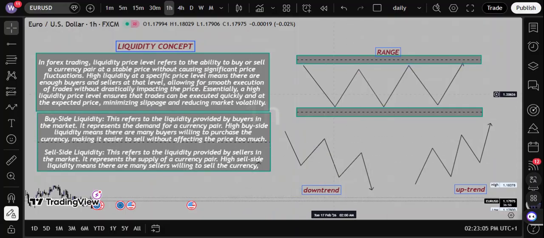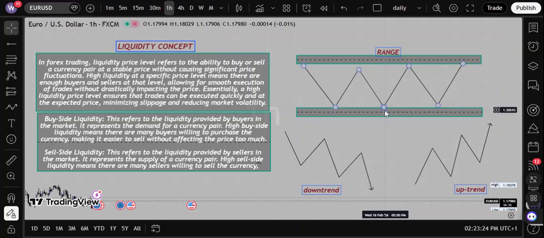Now, looking at this ranging market, for example, at this resistance here, liquidity is resting here. Why? Because there are many sellers that have positioned their orders in this zone, ready to take the trade downwards. Same thing with the buy side. There are a lot of buyers who have positioned themselves right here.